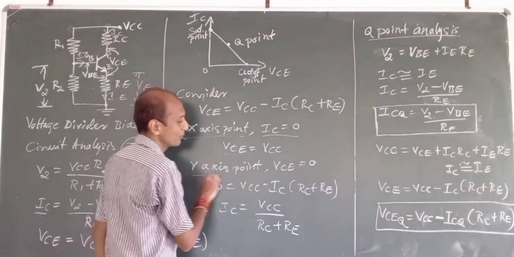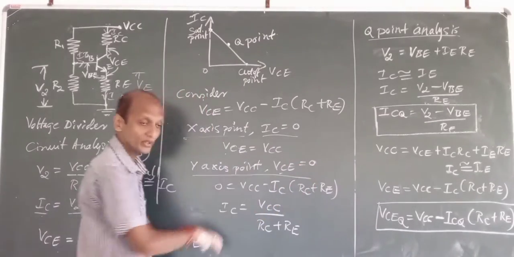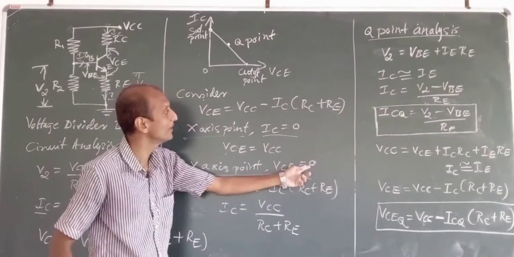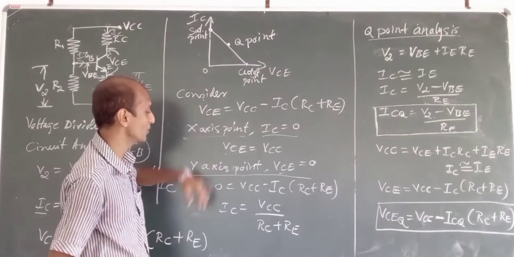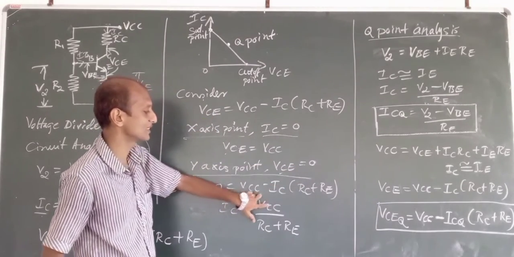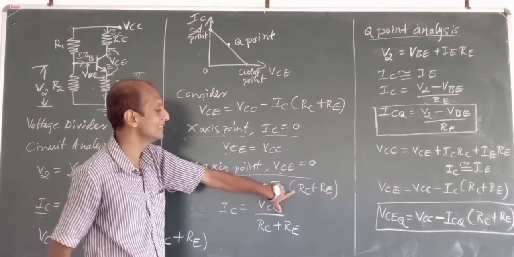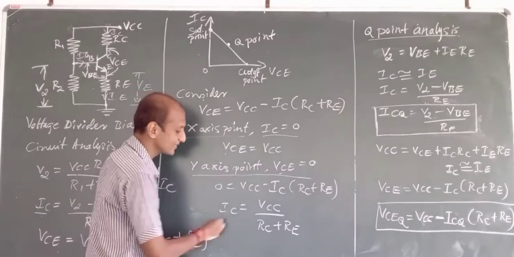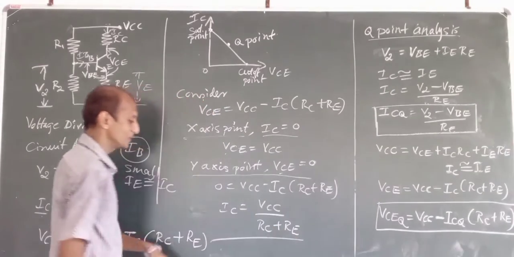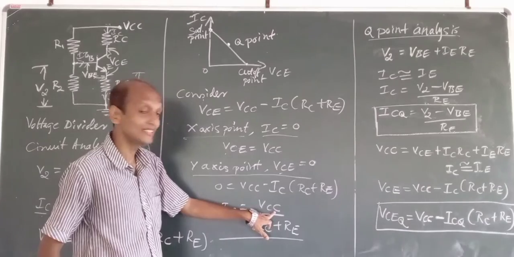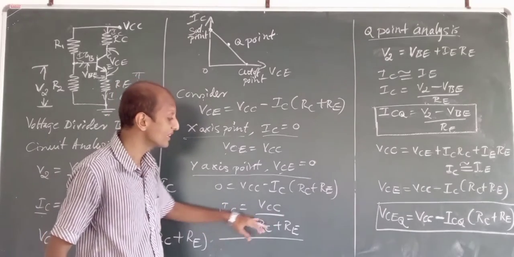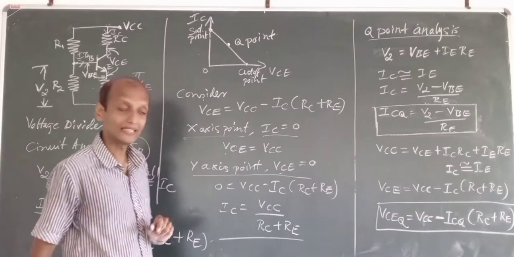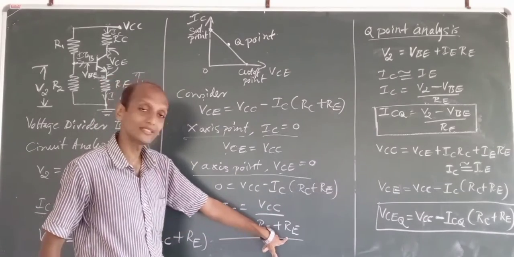So that is what I will put. Then the equation will be 0 equal to VCC minus IC into (RC plus RE), and if I rearrange things, I come to the conclusion that IC will be equal to VCC divided by (RC plus RE).